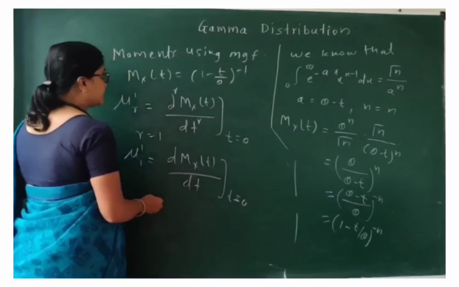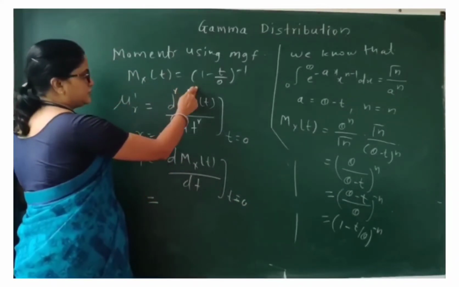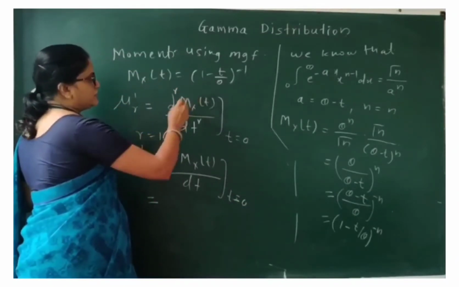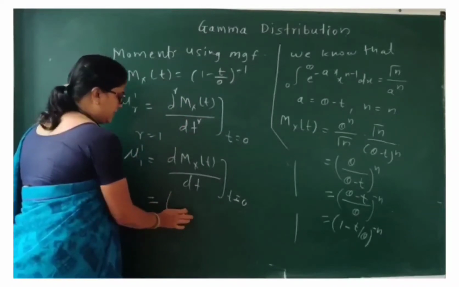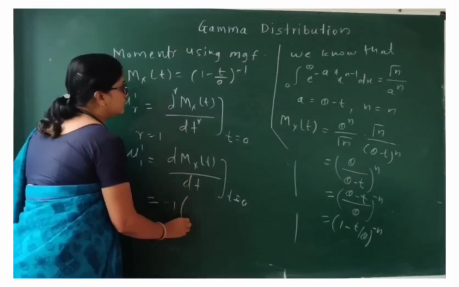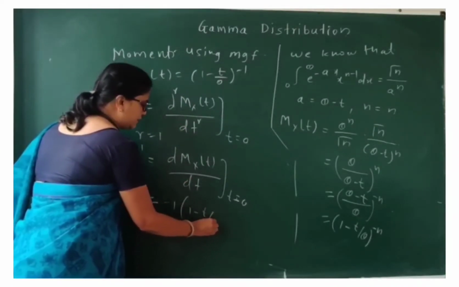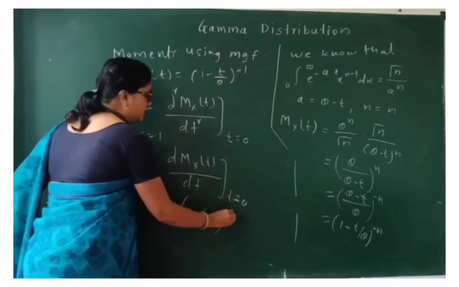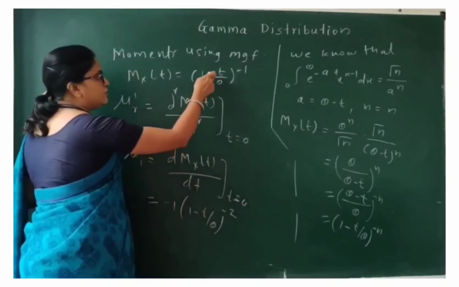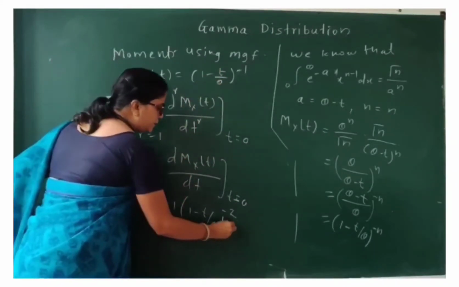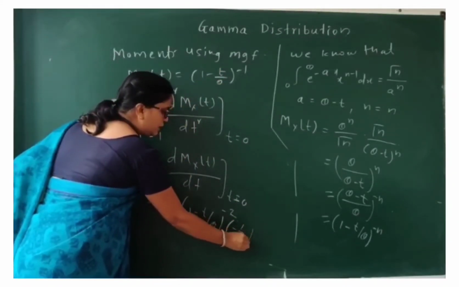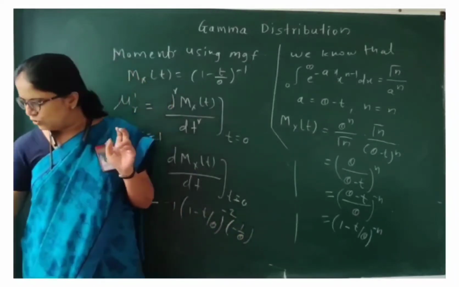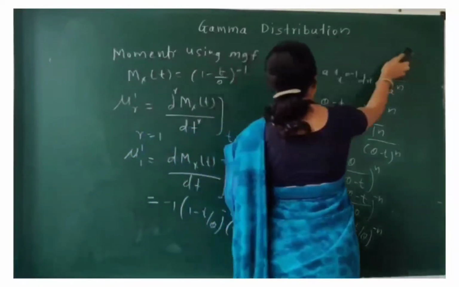So take the first derivative of this with respect to t. We have minus 1, then 1 minus t by theta raised to minus 2, and the derivative of minus t by theta is minus 1 upon theta.